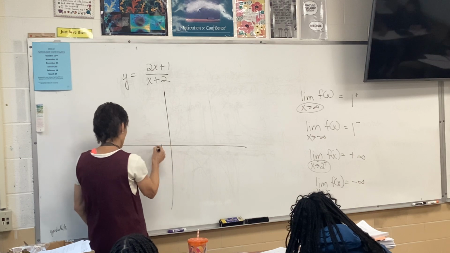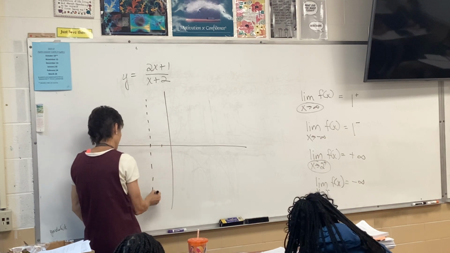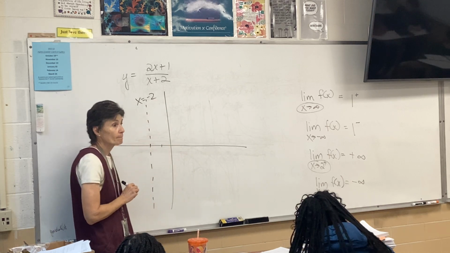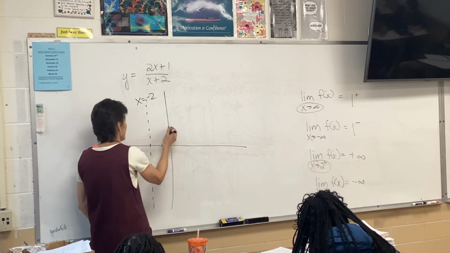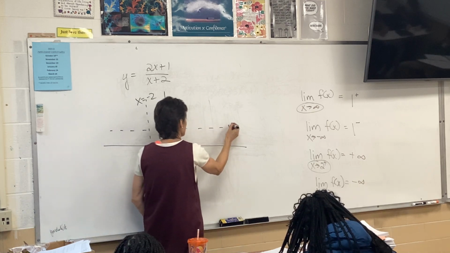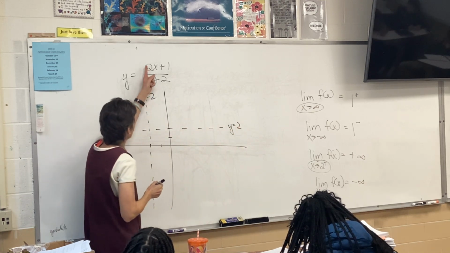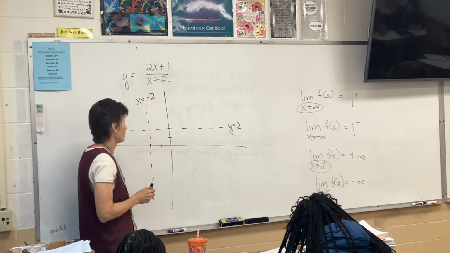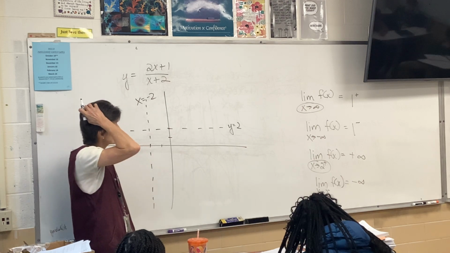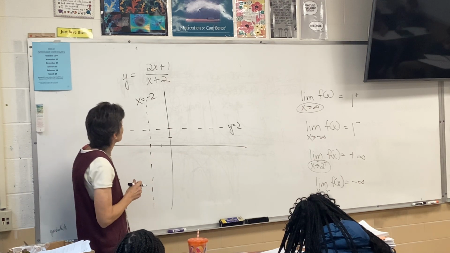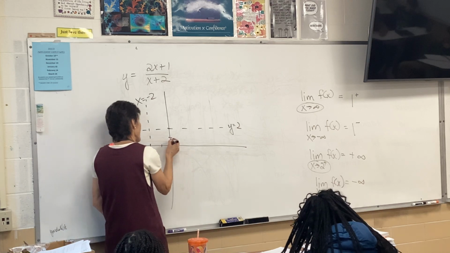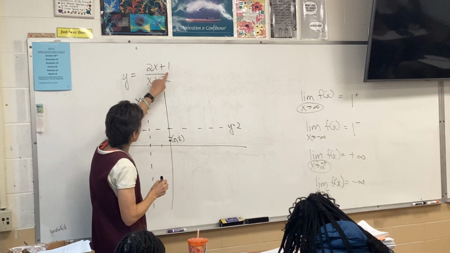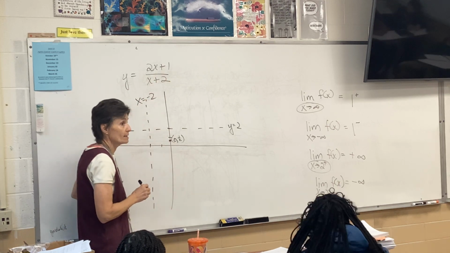A vertical asymptote at -2, perfect. What else do I have? A horizontal asymptote at 2. Yep, we have a horizontal also at 2, because this time when we box them in, we have 2x over 1x. Perfect. All right, how about my intercepts? Y-intercept is 1/2, because if you let x be 0, you get 1 over 2, right there it is.